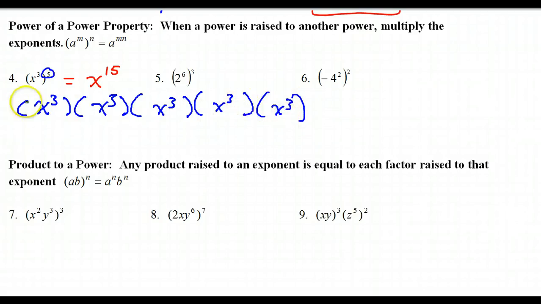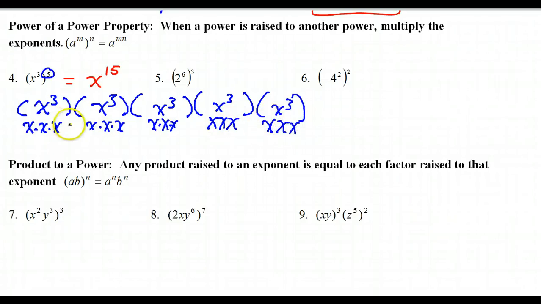But if I go down that one further level, what is x to the 3rd power? Well, that's x times x times x. X times x times x, again and again. And if I multiply all this together, you will see we're back to just like we were doing before.